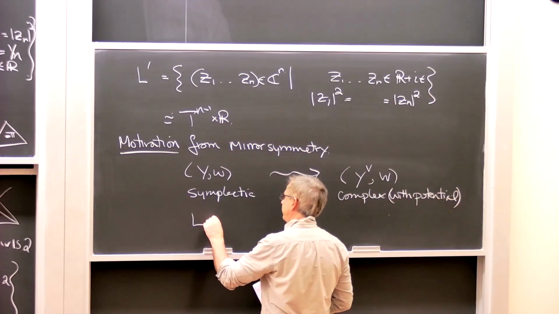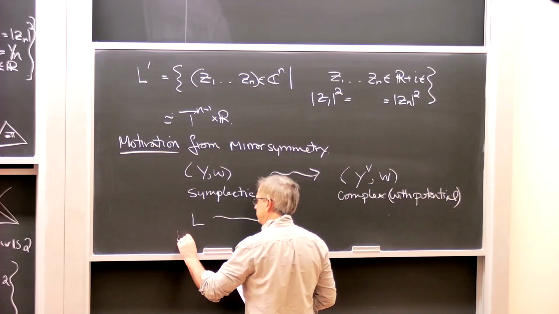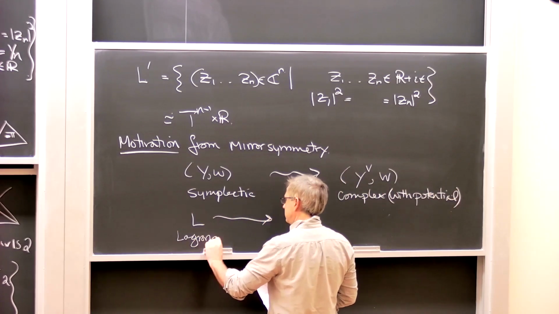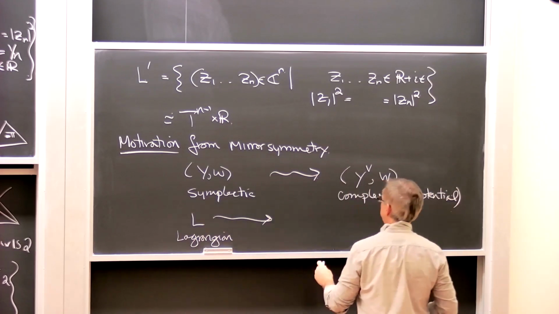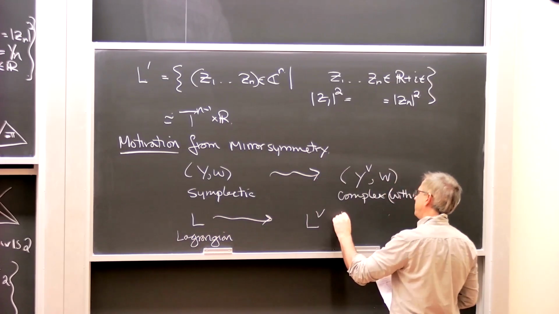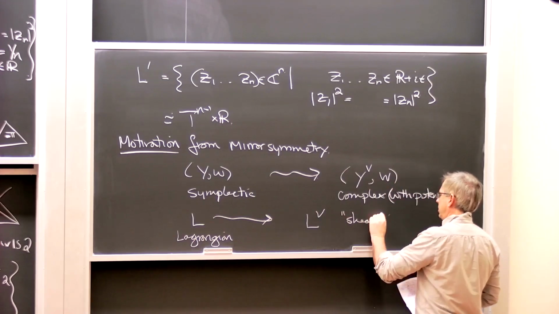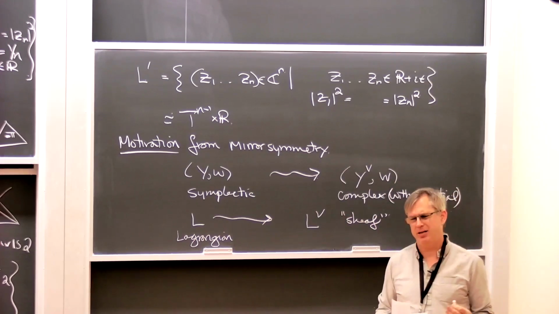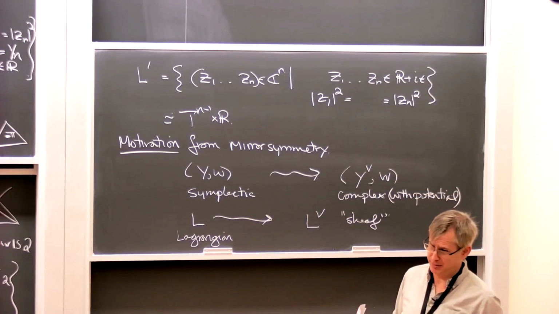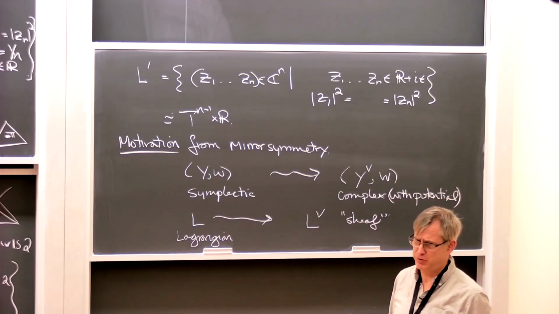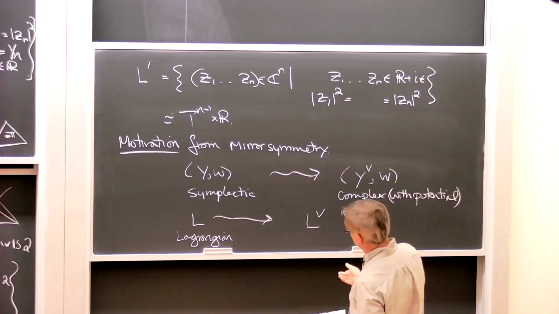In particular, if I have a Lagrangian L, then its mirror is supposed to be something like a sheaf. I mean, actually, in the Fano setting, it's a matrix factorization of sheaves. But anyway, it doesn't matter.